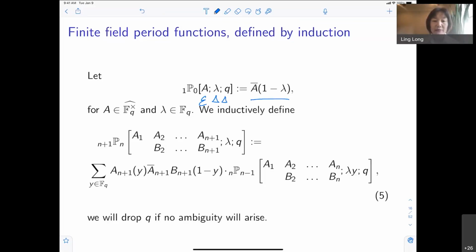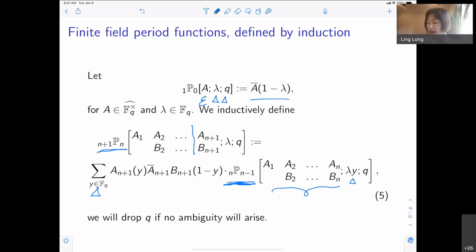And inductively, we can define other period functions from the previous one by truncation again. I'm going to truncate the first part of the parameter set, put down over here, and then use an additional variable y, summing over y.